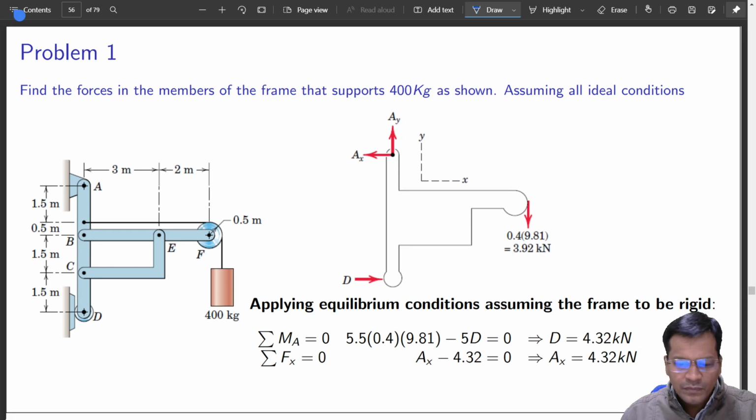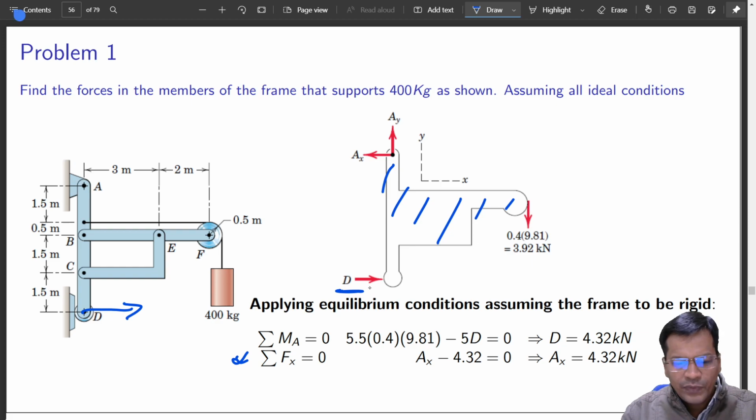Taking forces along X, that should also be equal to 0. So Ax, it is pulling this point because D is pushing this. No other horizontal external forces are acting on this structure.